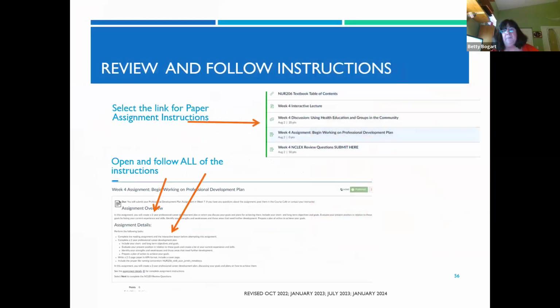You do have a paper, but I call it a project. It's 3 portions. It's due on week 8, and week 8's pretty busy between community, MedSurg 2, and PEDS. It's a very busy week, okay? I highly suggest people start early.